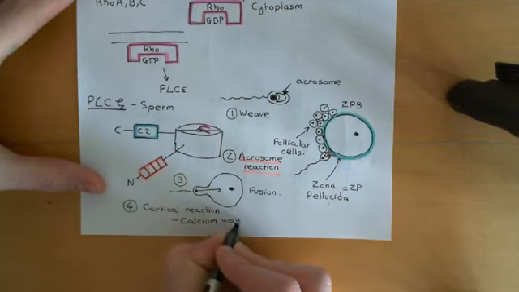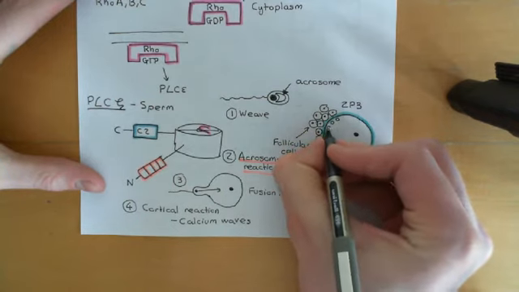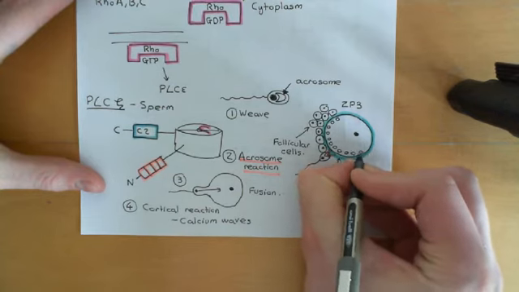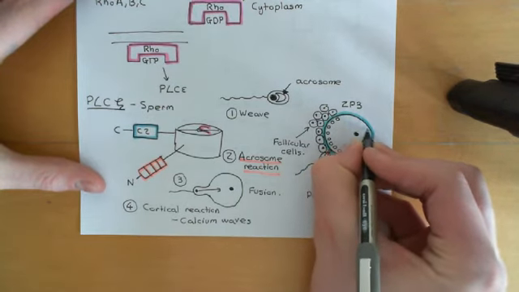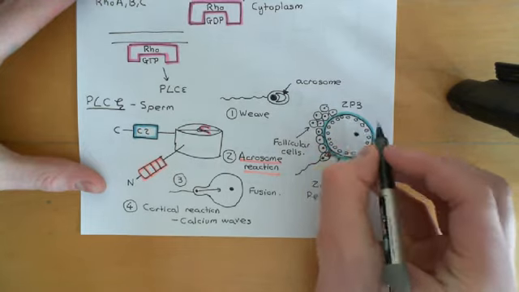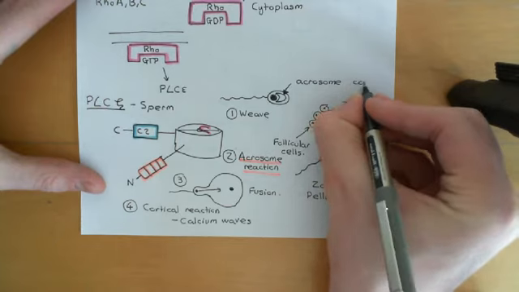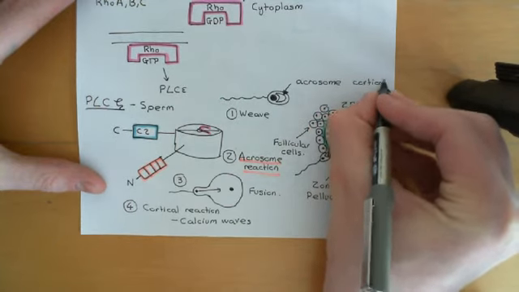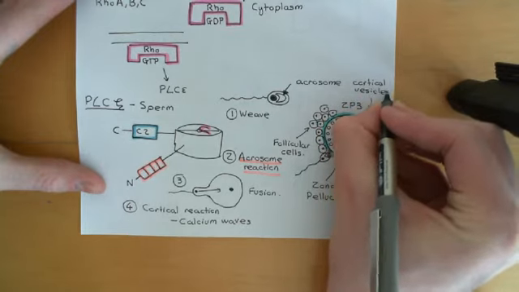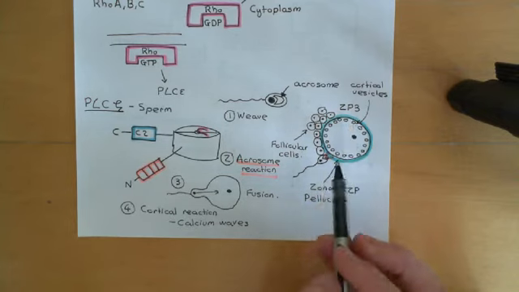Okay, and these calcium waves cause the exocytosis of loads of little vesicles that are in the cortical portion of the oocyte, which are called the cortical vesicles. Now these cortical vesicles contain enzymes which are involved in transforming the zona pellucida proteins. So the calcium waves propagating across the oocyte will cause the release of these cortical vesicles.